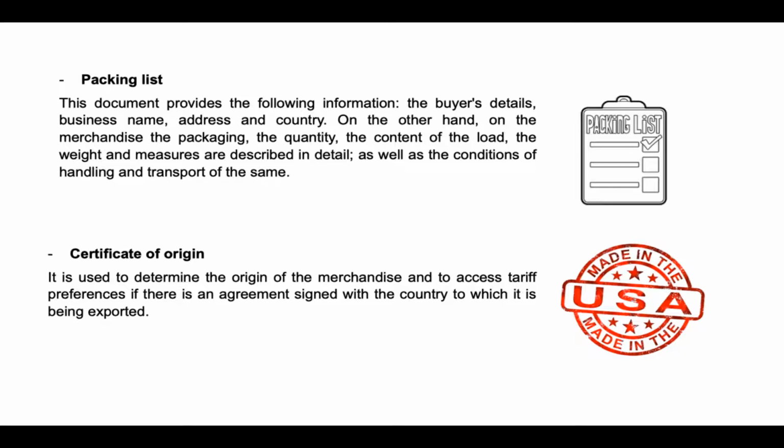Certificate of origin. It is used to determine the origin of the merchandise and access tariff preference if there is an agreement signed with the country to which it is being exported.